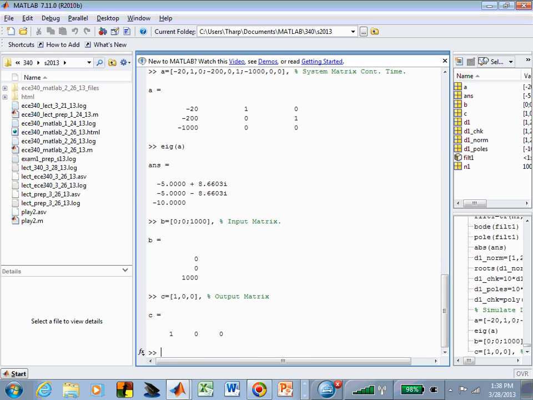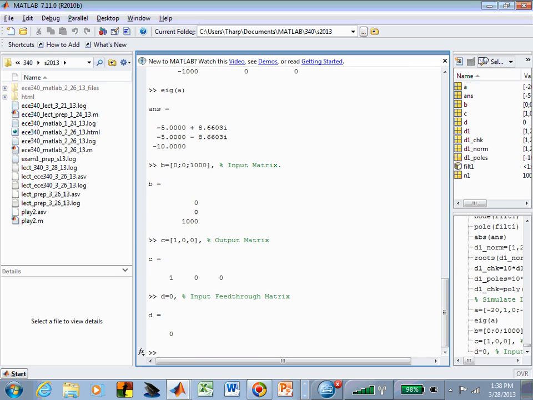And our D matrix, if we wanted to put it in there formally, what did I call that? Input feed-through matrix. I think I did just call it the feed-through matrix, didn't I? Now, what was T? Capital T, we just found to be 0.01. And that's what we're calling our sample period.